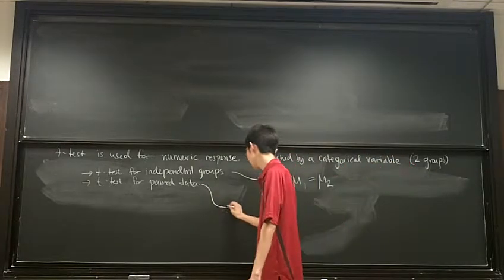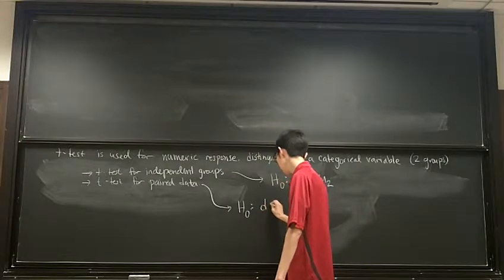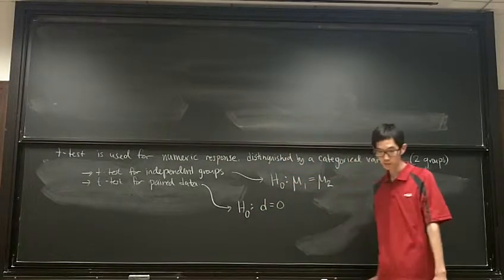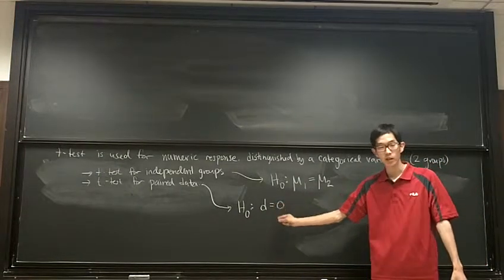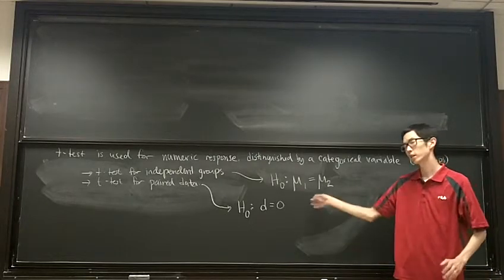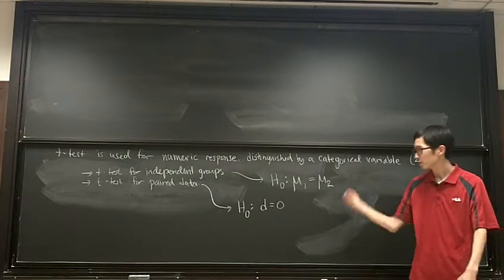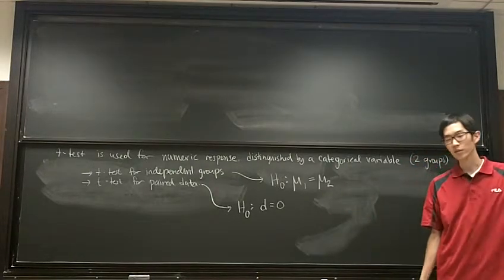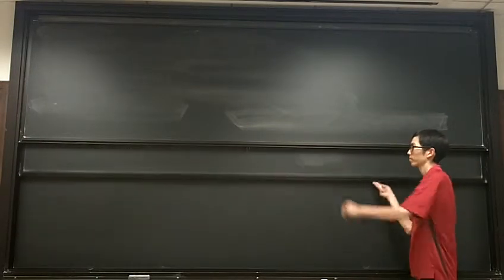And then for paired data, the null hypothesis is that d, the actual difference, equals 0. Okay, so it's not mu1 or mu2 for paired data. It's that the difference is equal to 0. I didn't take off any points if you didn't write down your hypotheses, but this is an important distinction there.